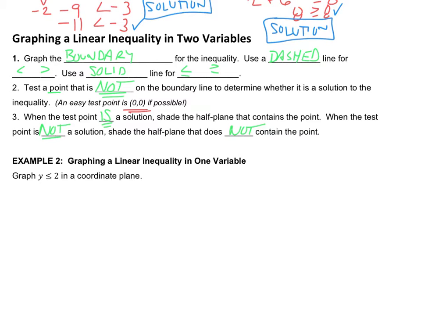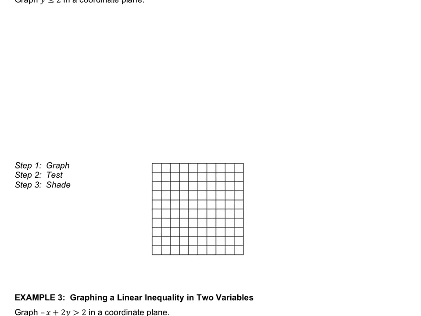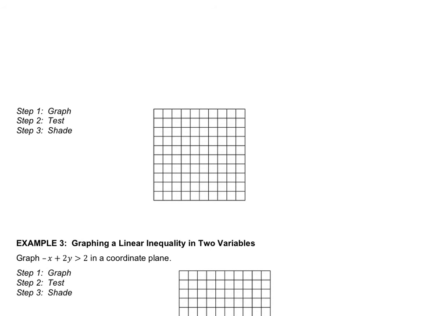We want to graph y is less than or equal to 2. Coming down here, we've got a little bit of space, so I'm just going to rewrite this again. To make this graph, this is one that hopefully we're all good with.